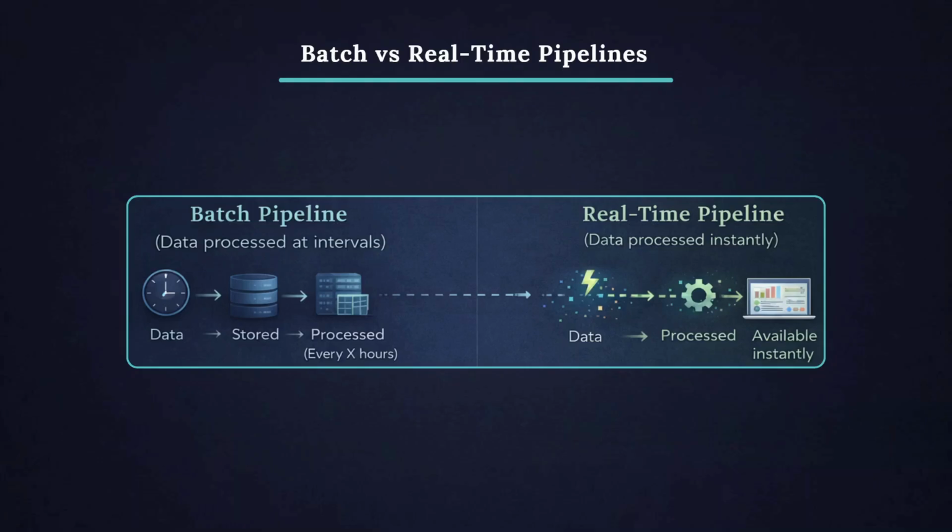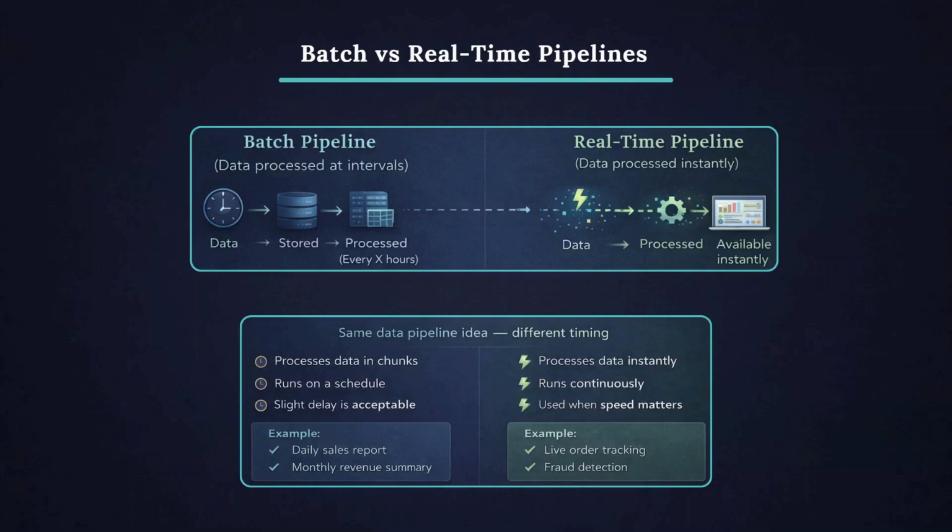This makes the real-time pipeline useful when speed really matters. For example, in cases like fraud detection or real-time monitoring, real-time pipelines are useful. So the core idea of the pipeline stays the same. Only when the data is processed or refreshed changes.